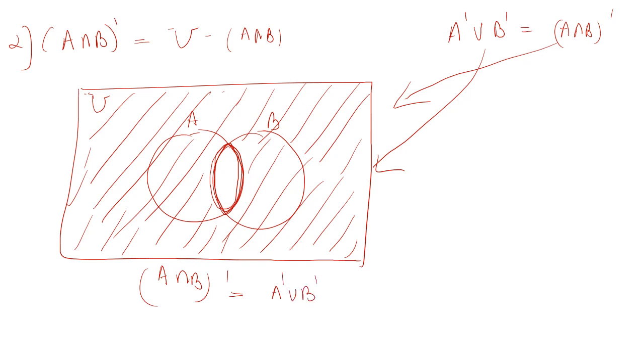So these two are very important. If you get a question to draw the Venn diagram of A complement union B complement, remember that it is equal to A intersection B whole complement, and draw the same diagram. And A intersection B whole complement is U minus A intersection B.